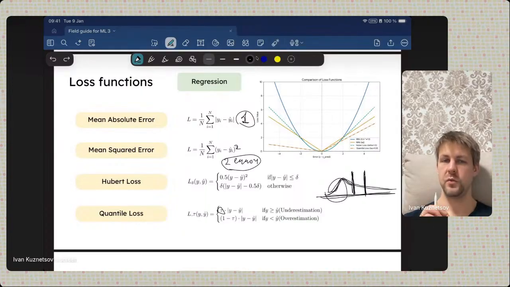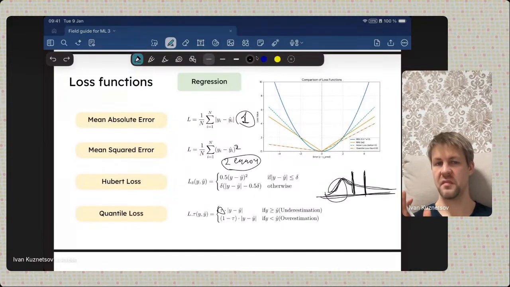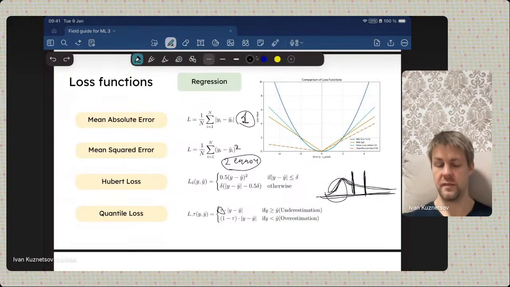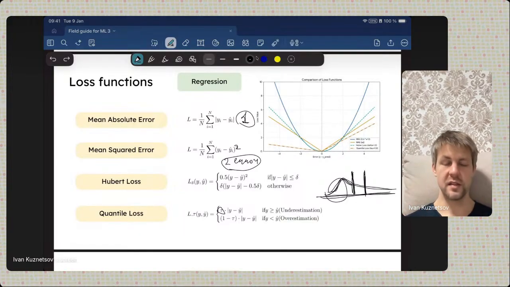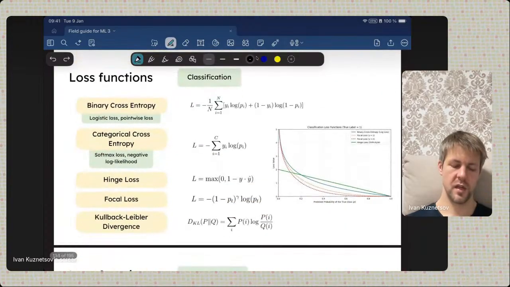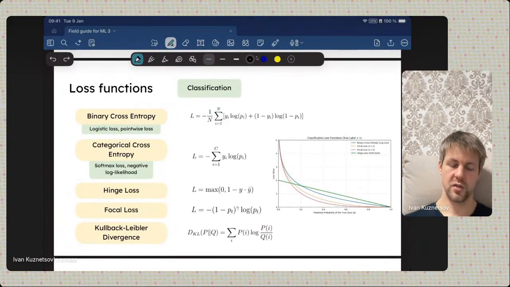But maybe afterwards, you want to be pessimistic in your predictions, and then maybe you want to predict 80th percentile of delivery, so that on average, 80% of people will get the order earlier than your prediction. So that's up to you. But then you have different thresholds for which you need to make the prediction, and then here the quantile loss will be useful. Okay, let's go to classification losses.